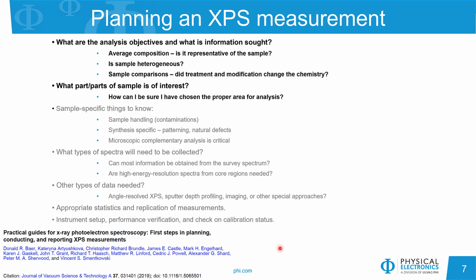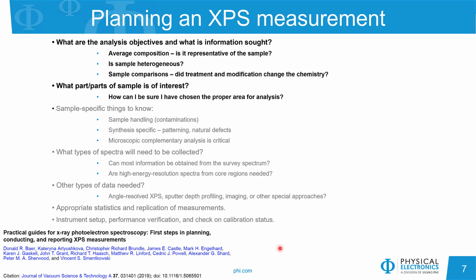90% of the time, we just would like to understand what is the average composition of the surface, and we need to know for sure that it is representative of the sample. Sometimes we actually need to study whether the sample is heterogeneous or homogeneous. When we compare the treatment and modification to the sample's chemistry, we have to be sure that the changes introduced are statistically significant and they are larger than within-sample heterogeneities.